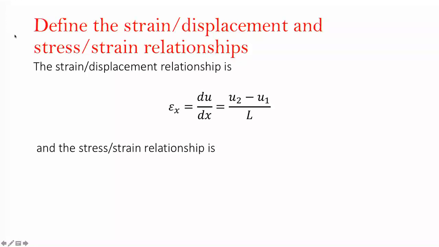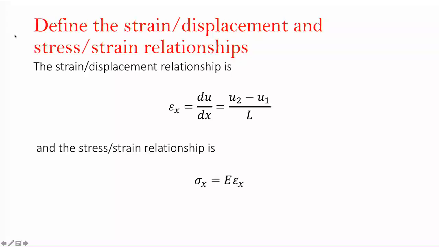And by assuming a linear elastic material, stress would be proportional to the strain by the Young modulus. So sigma x equals E, which is Young modulus, times strain in the x direction, epsilon x.